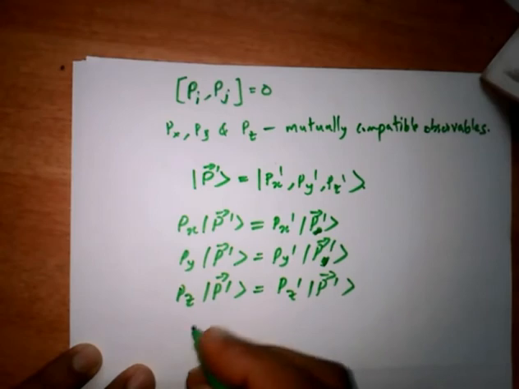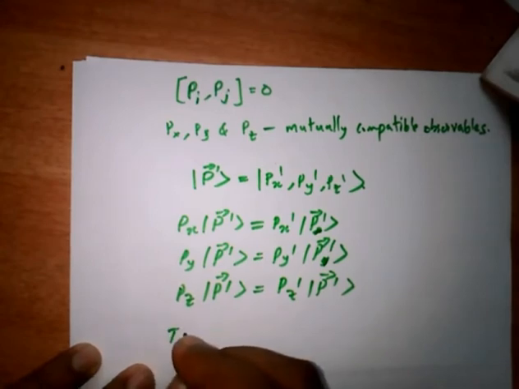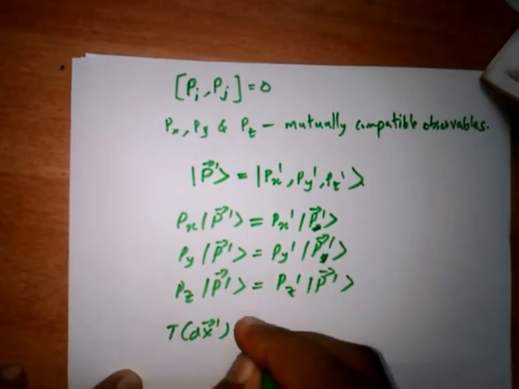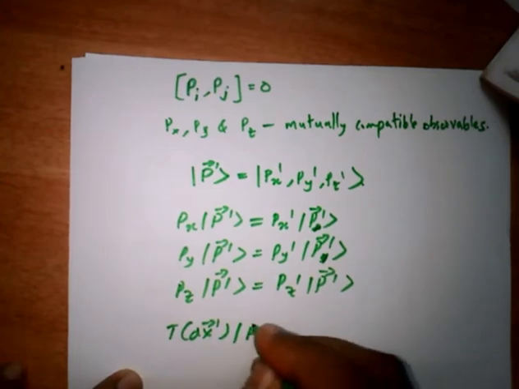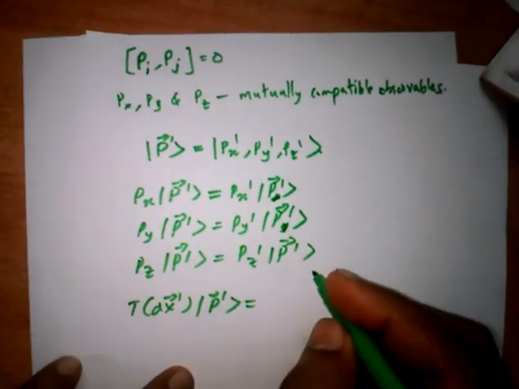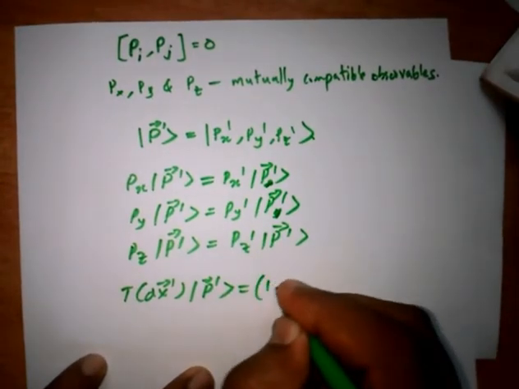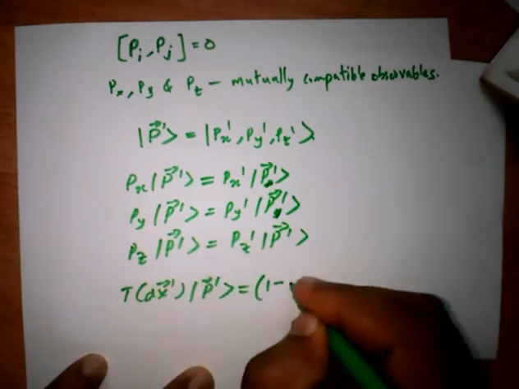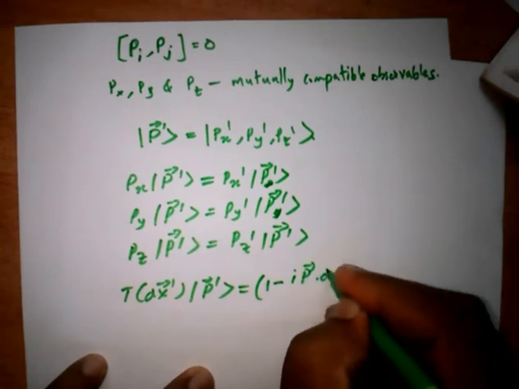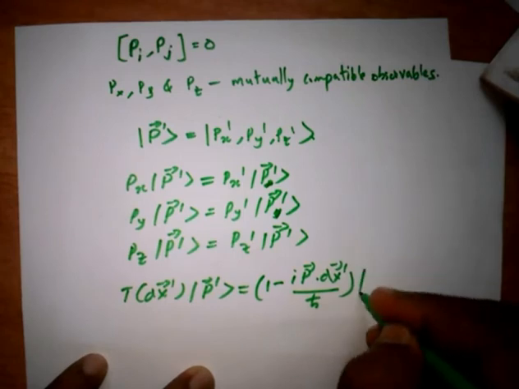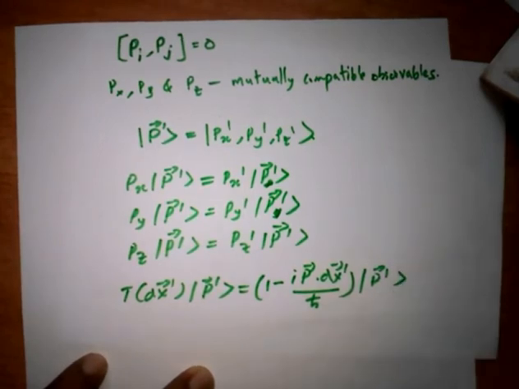So what will happen if an infinitesimal translation operator T of dx dash is operating on a momentum eigenket p dash? This is equal to 1 minus i p dot dx dash divided by h cross, the infinitesimal translation operator we have learned earlier, operating on the momentum eigenket p dash.